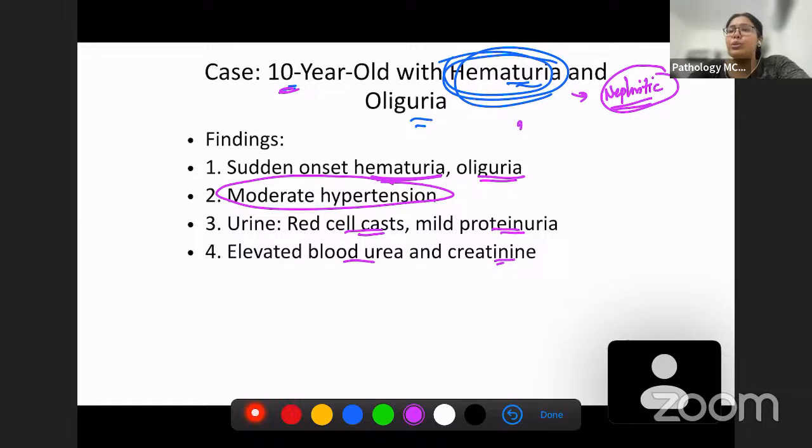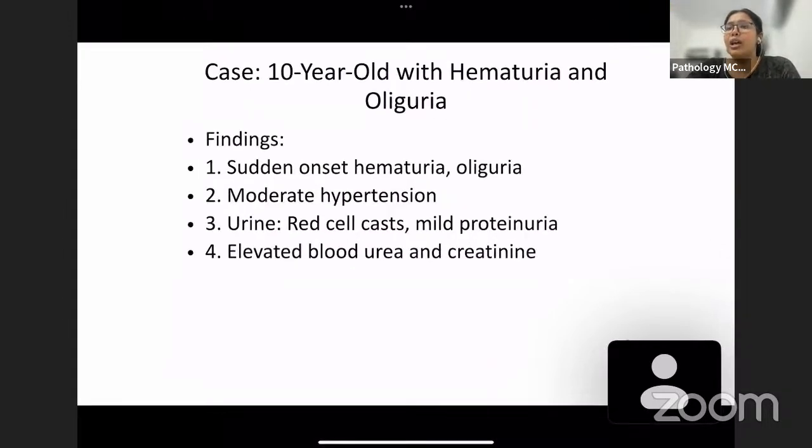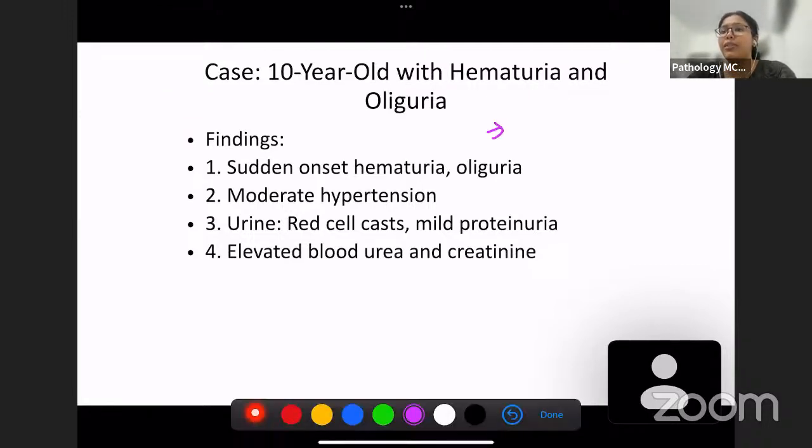So two conditions we have to think of when they give us a history of hematuria with nephritic range proteinuria. Nephritic range, I think they have given hypertension also. So one is IgA nephropathy, and the second one is post-streptococcal glomerulonephritis.